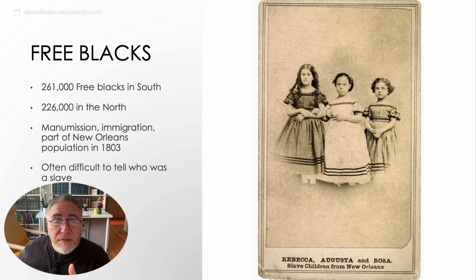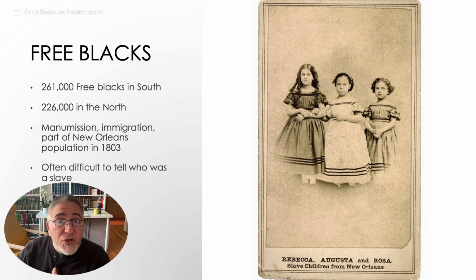And one reason for the large number of free black people living in slave states were the instances of manumission that had occurred right after the Revolution, when many slaveholders had acted on that ideal that all men are created equal and had freed their slaves.